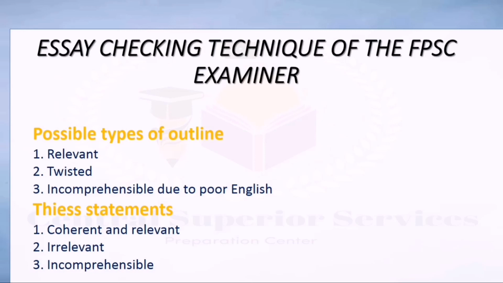For the candidates who have relevant outlines and thesis statements, they are already halfway past when he reaches the end of their introductory paragraphs. He just skims through their essays to check if they have written the same stuff as their outline inside, or if they have digressed and gone beyond the scope of the title.